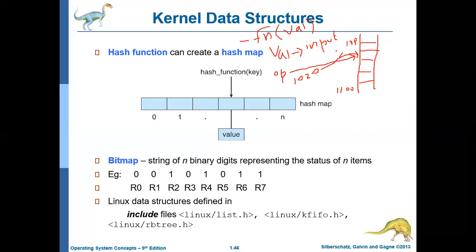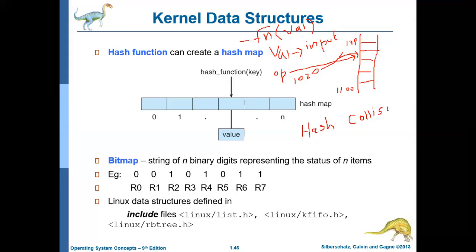But there is one disadvantage with hash functions. A hash function may lead to a problem called hash collision. What is meant by hash collision? Sometimes two values may map to the same output location, and such a problem we call hash collision.